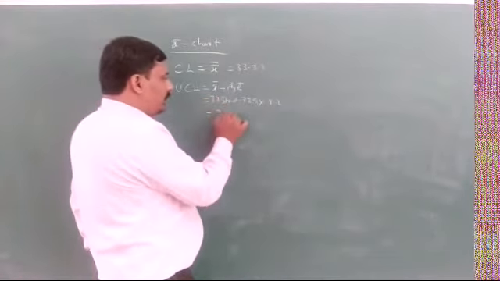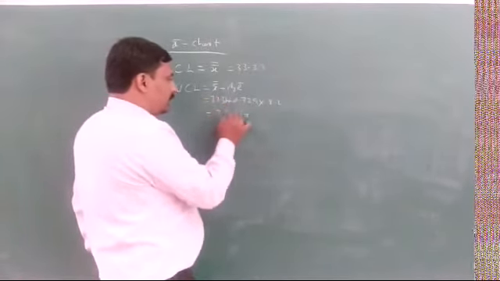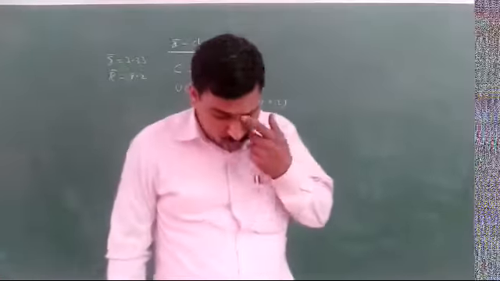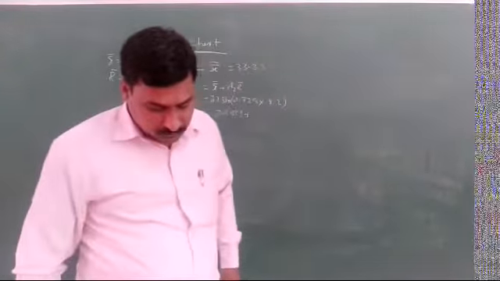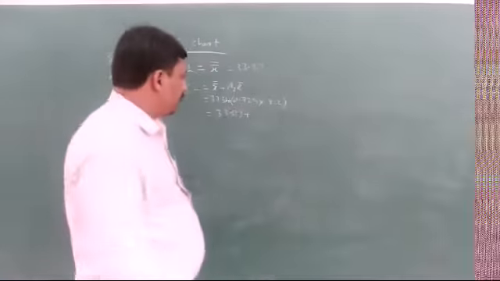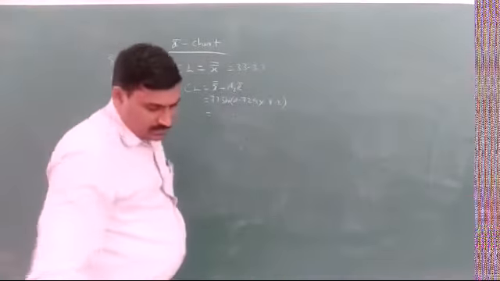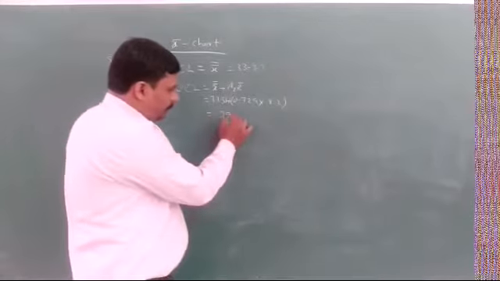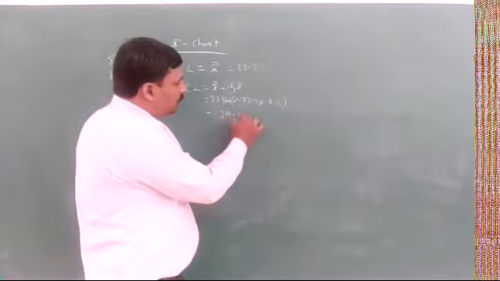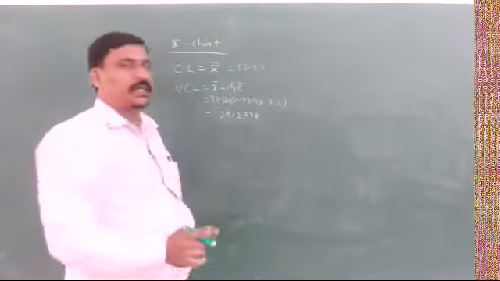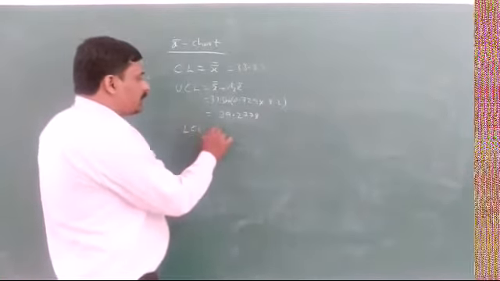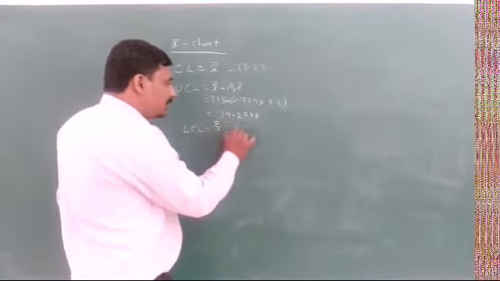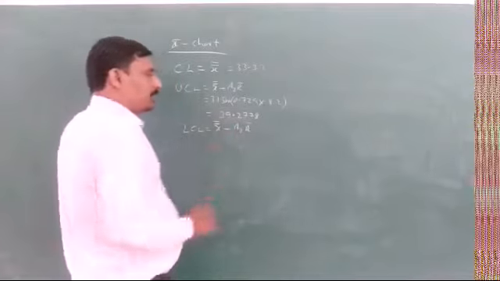So 33.33 plus 0.729 into 8.2, and we get a total of 39.2778. That is the upper control limit.